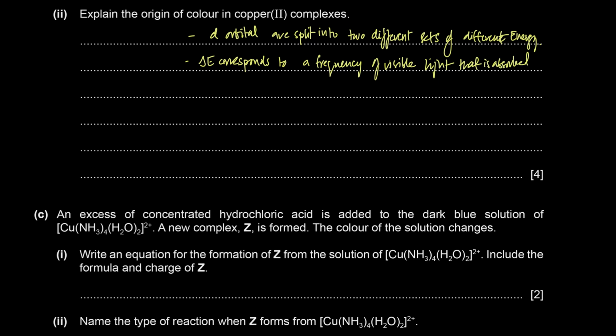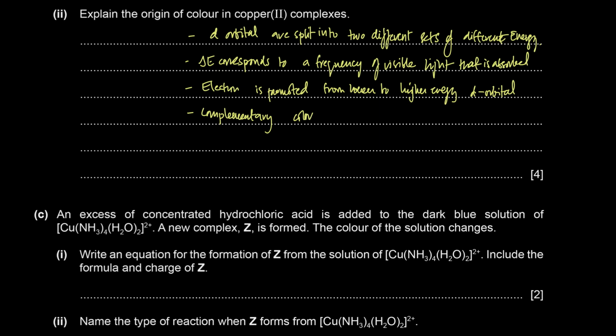And when that frequency of visible light is absorbed, an electron is promoted or excited from a lower energy to a higher energy d orbital, right? And lastly, the complementary color is observed. Whatever frequency is absorbed, you have white light, so the remaining color is observed. So complementary color is observed.